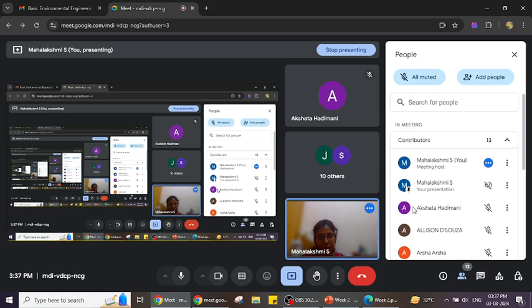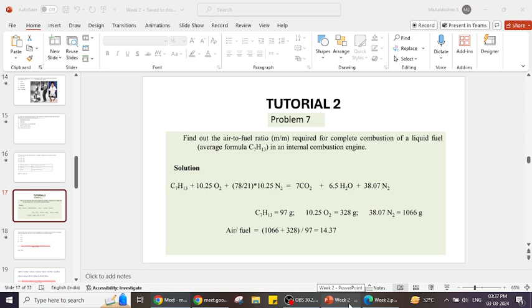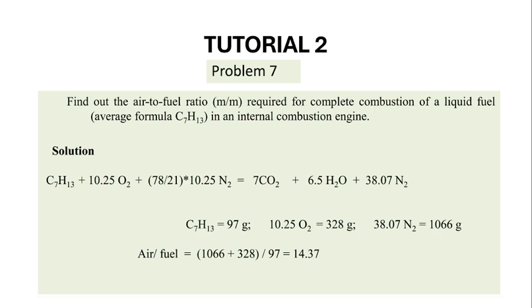Tutorial 2. This problem solving session is for you, so I want you to solve along with me. If you have any doubts when you work it out, I will explain this problem. This is a tutorial problem. There is another similar problem in the sample questions that you solve by yourself.